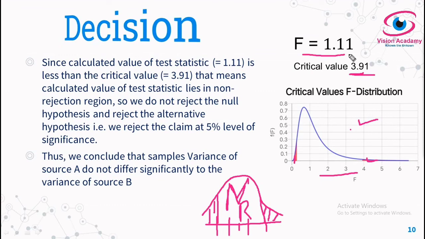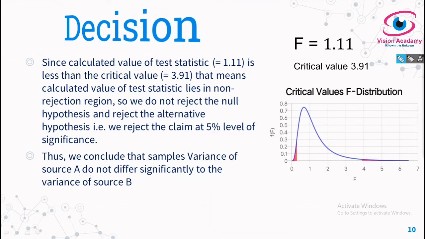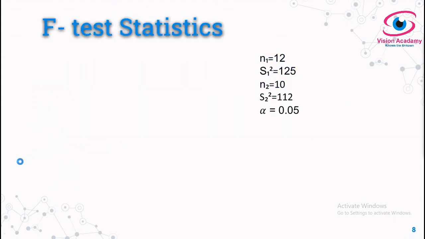Since our tested value falls in the non-rejection region, we do not reject the null hypothesis and we reject our alternative hypothesis, which means we are rejecting our claim at 5% level of significance, and we conclude that the sample variance of source A does not significantly differ from the sample variance of B. So let us see what our claim was and what the complement was, the null and alternative hypotheses.